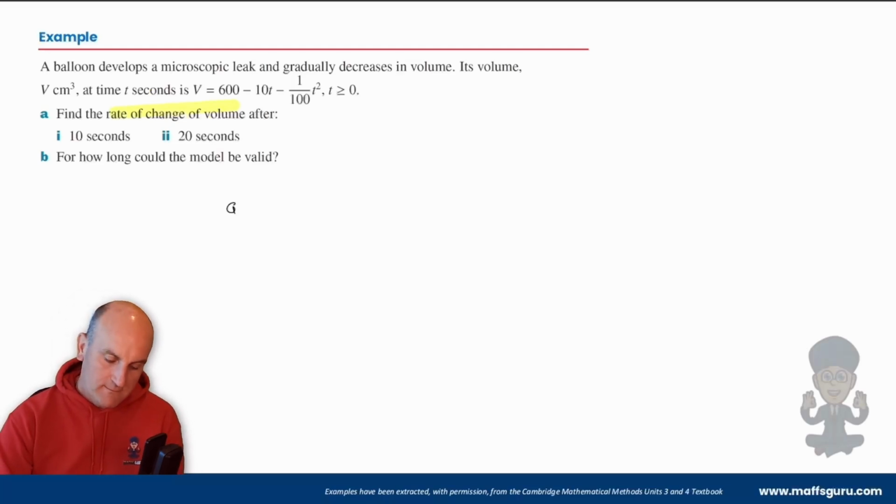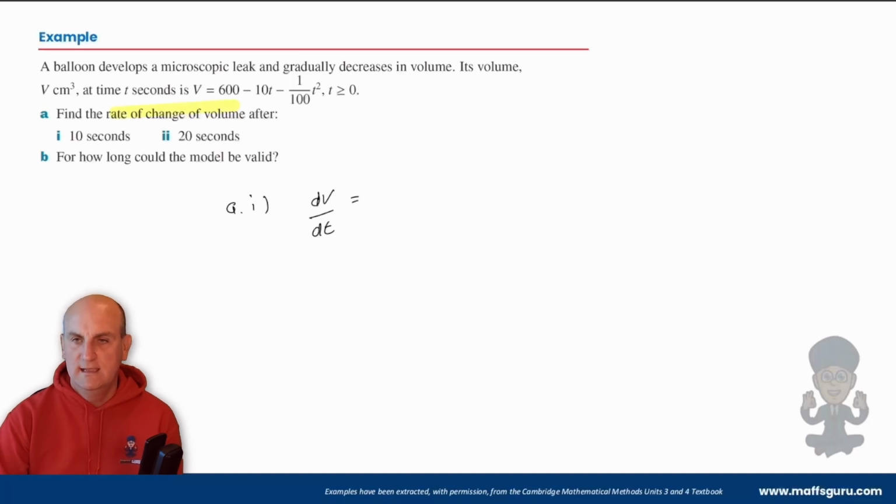So for part 1, let's differentiate it. So we're going to get dV by dt, which is going to be my rate of change. It's going to be given by 600 goes, minus 10t is just going to give you minus 10, and then that's going to give me minus 2 on 100 times t. All right, so that's my differential. Now, when I substitute 10 into that, what am I going to end up with?